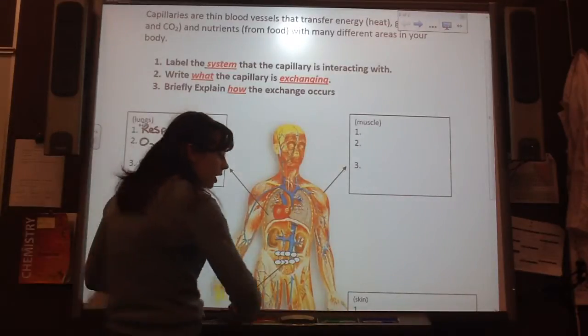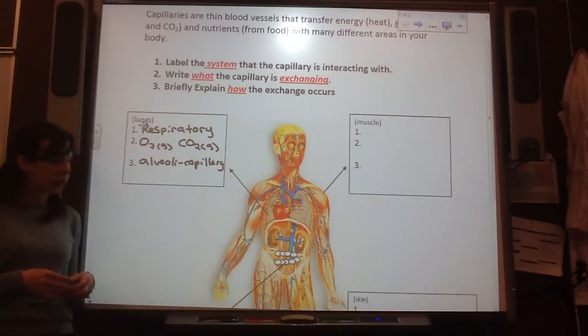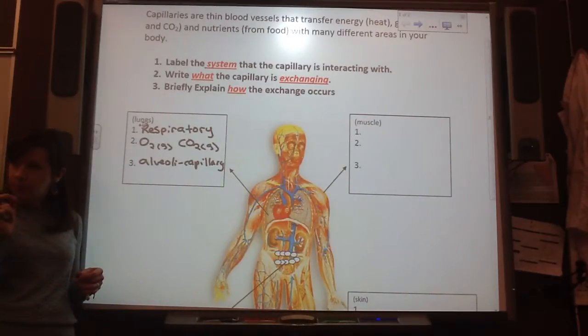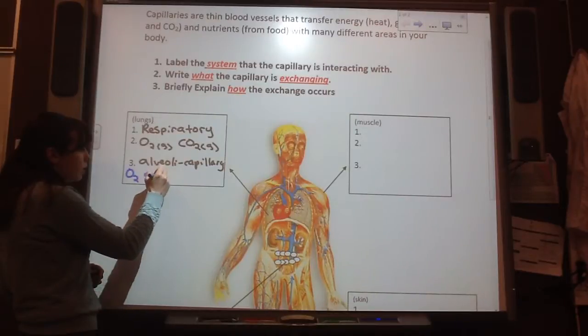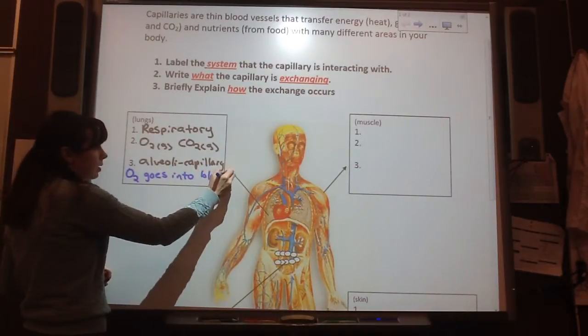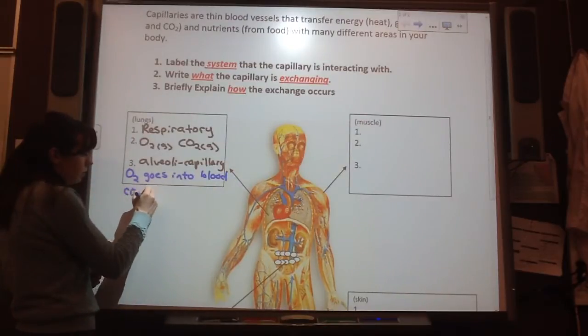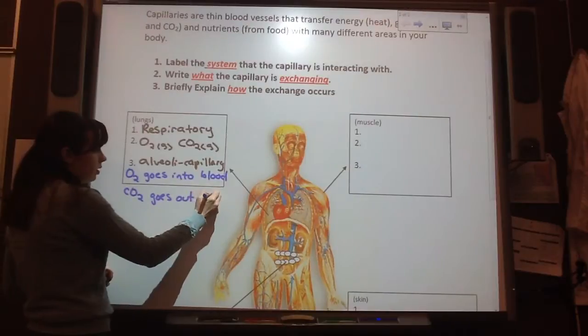Which way does the oxygen usually go at this meeting place? Oxygen goes into the system, CO2 goes out of the system. Which system? Bloodstream. Okay, so oxygen goes into blood, CO2 goes out of blood.